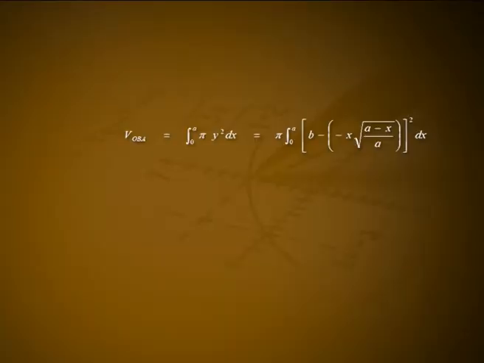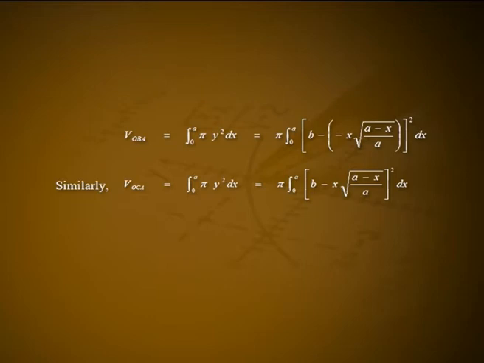Volume obtained by revolving the arc OBA about y = b is V_OBA = ∫ from 0 to a of π y² dx, which is π ∫ from 0 to a of (b − (−x√(a − x)/√a))² dx. Similarly, V_OCA = ∫ from 0 to a of π y² dx, which is π ∫ from 0 to a of (b − x√(a − x)/√a)² dx.